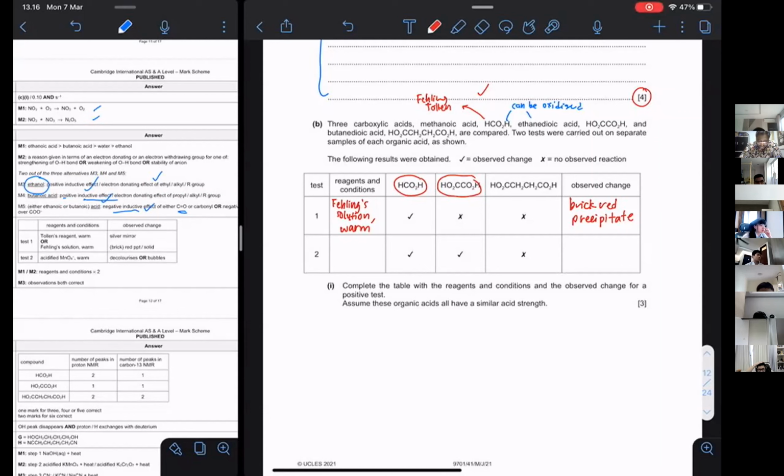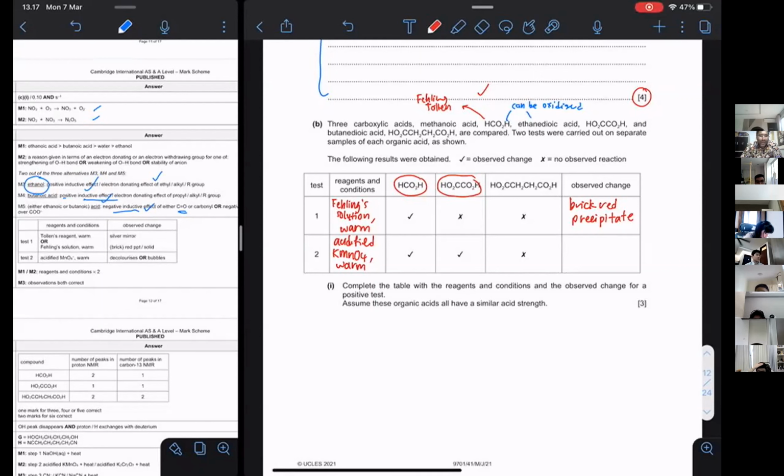But now, both of them can react. If both of them can react, then you have to choose the stronger one, acidified potassium manganate, acidified KMnO4, and then you warm. What is your observation?